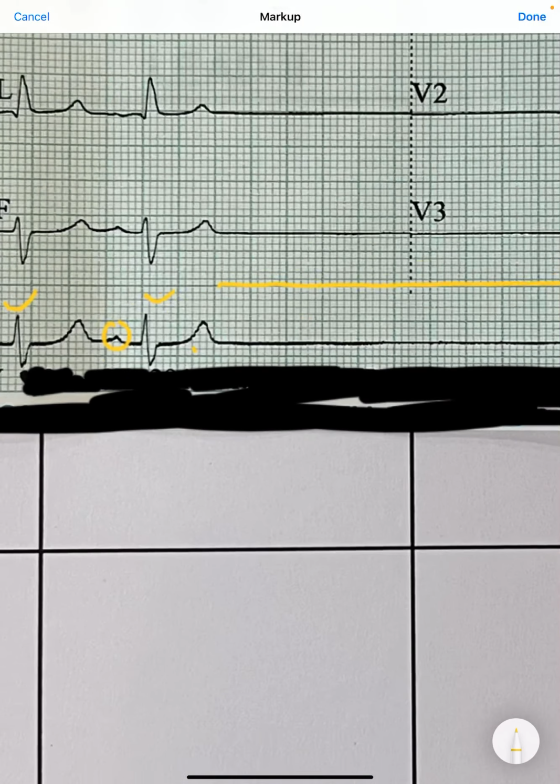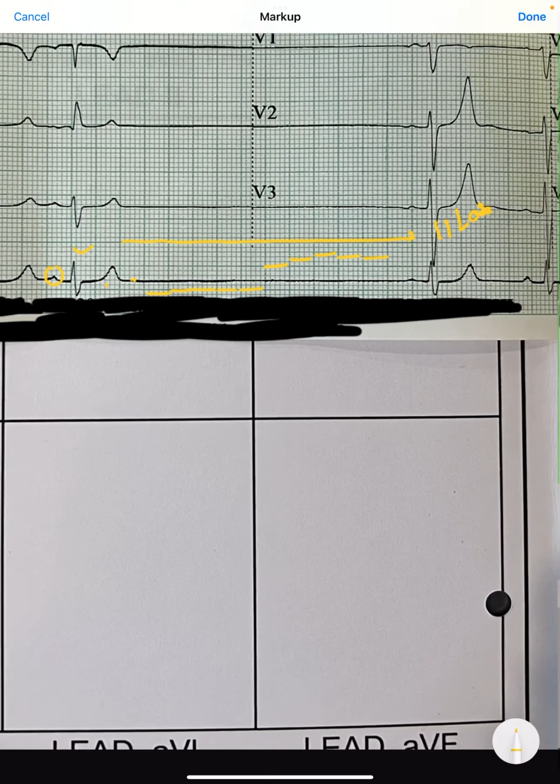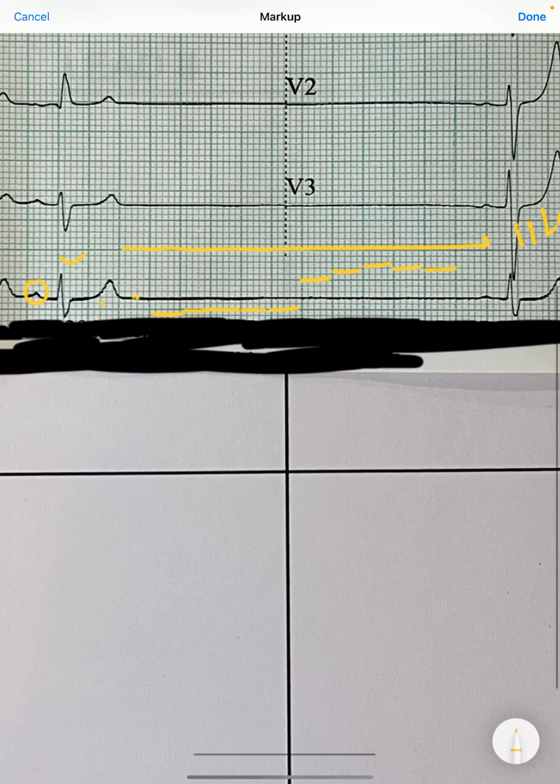Actually the P should come around here. So if we calculate, there is one large box, 1, 2, 3, 4, 5, 6, 7, 8, 9, 10. So there are around 10 to 11 large boxes where there is no P wave, no QRS, no T wave.